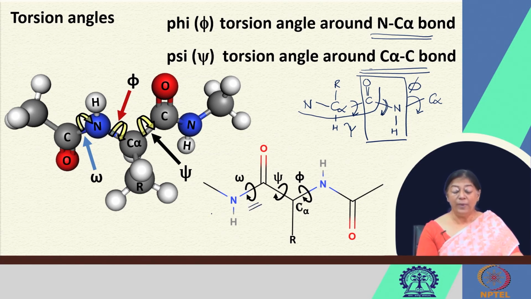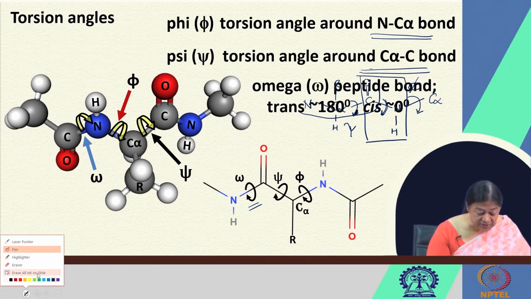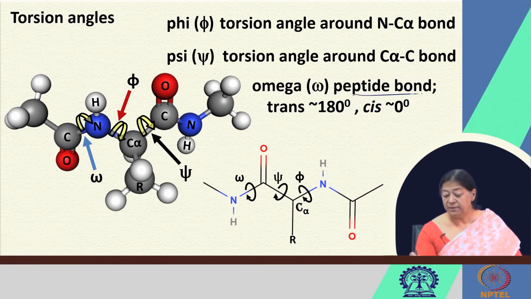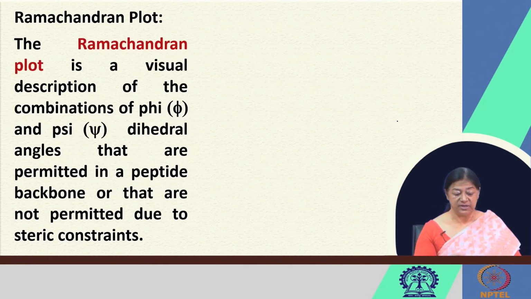So, we have the omega angle, the phi angle and the psi angle. The omega angle is for the peptide bond. It is trans when it is 180. We know what the trans peptide bond means. We know what the cis peptide bond means, meaning an omega angle of 0, where we have the C alphas pointing in the same direction.